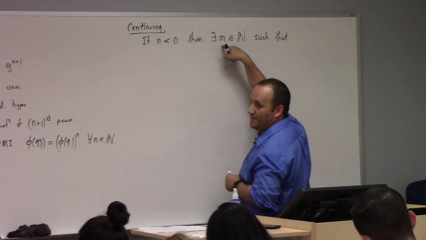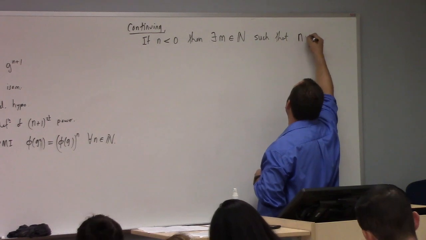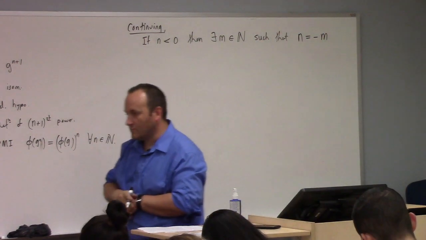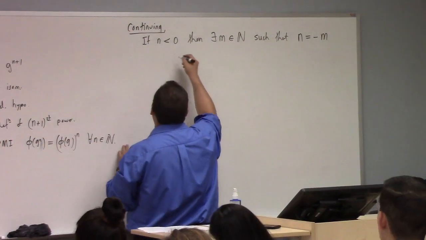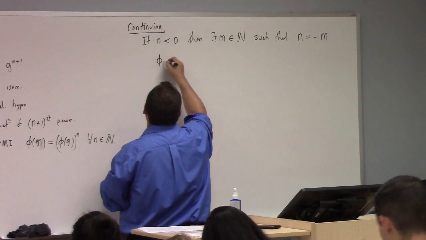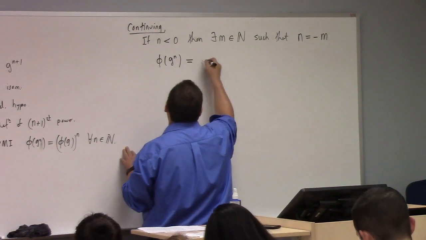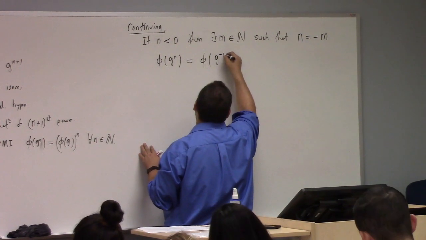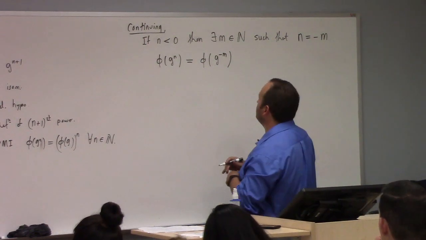M as in mommy, n as in nanu nanu. So n is equal to minus m. And then we can study the following, right? So phi of g to the n is what? It is phi of g to the minus m by construction of m, right?